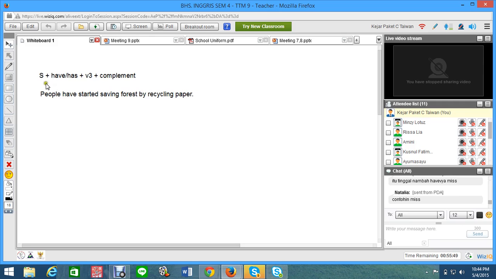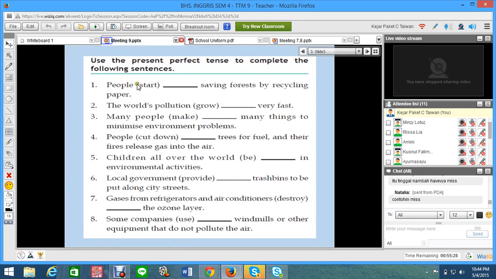Okay, let's see. So people have started. As I said before, the formula is subject plus have has plus verb 3 plus complement. So you have to be able to identify which one is subject. So the subject is people. Okay, so the verb is in bracket.